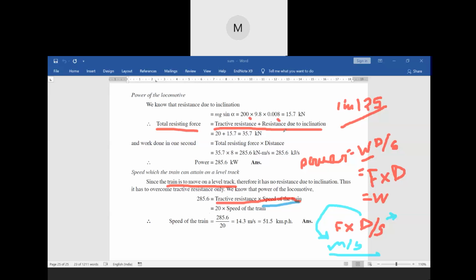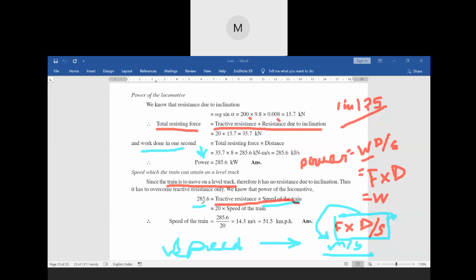Power means the expression of rate of work done. What did I explain just now? If you multiply force by this, it will be distance per second, meter per second. This is the unit of speed, right? Tractive resistance means force, so force into speed is work done per second, or power.